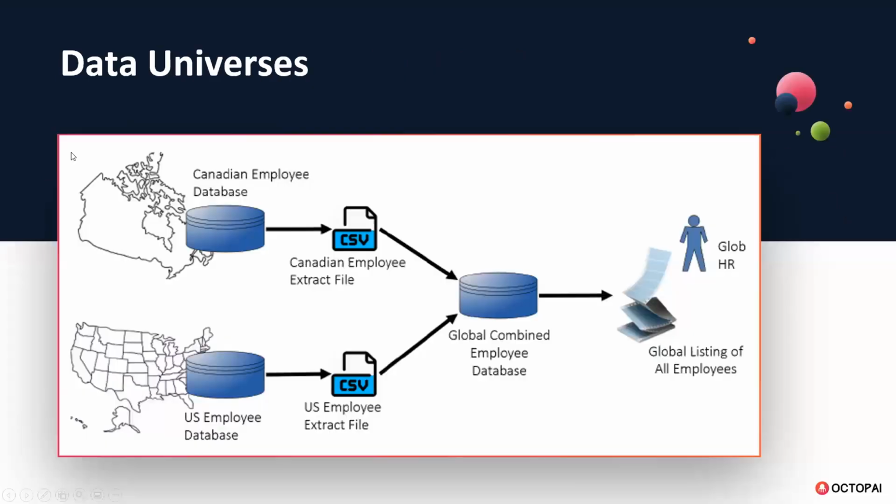Next slide, please. So a little bit more about data universes. We've talked about data definitions, and people say, yeah, I know what an employee is. I've got the definition. But is that all that you would want to know? So here we have three databases: a global combined employee database, the Canadian employee database, and the US employee database.